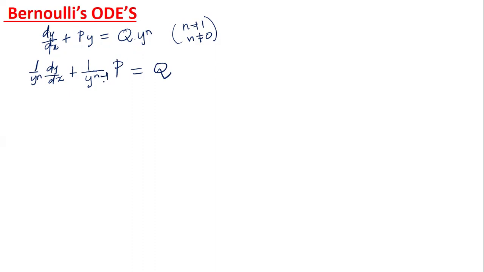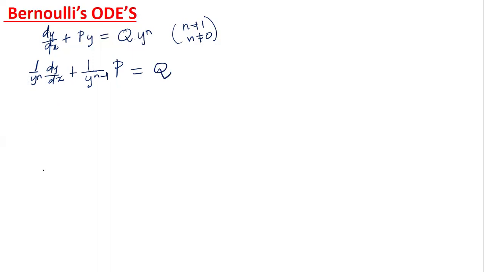Now, again, this is what we also know when it comes to linear. We don't multiply our derivative with y, with the dependent variable. We don't want this. Still, we have a non-linear equation. So now, in order for us to manipulate this further to make it a linear equation, what are we going to do?